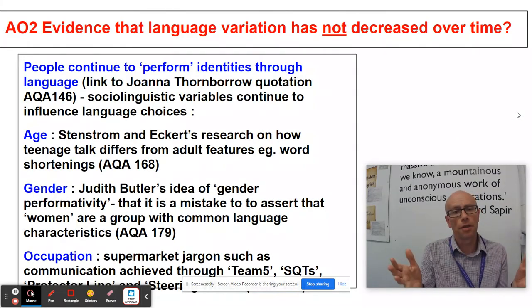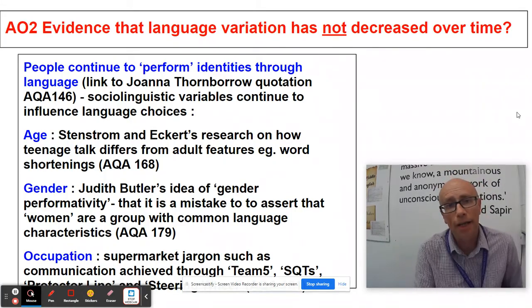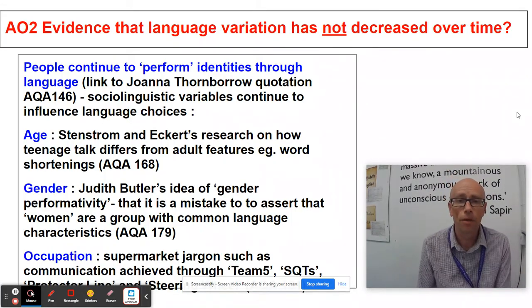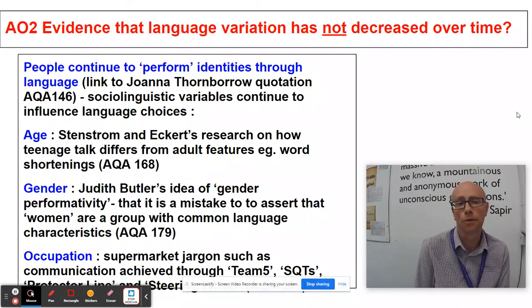What other evidence have we got that language variation has not decreased over time? Well, surely you've got this idea that Joanna Thornborough talks about on page 146 in the textbook, that people continue to perform identities through language. That basically, people are choosing to use language in order to foreground aspects of their identity. Okay, so they have agency, they have choices in how they use language, and sociolinguistic variables continue to influence their language choices.